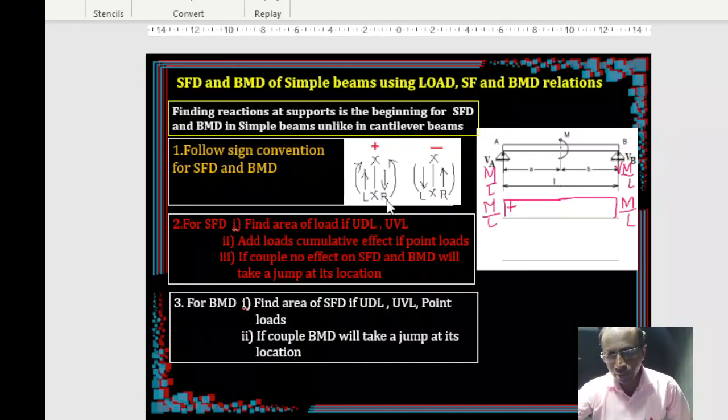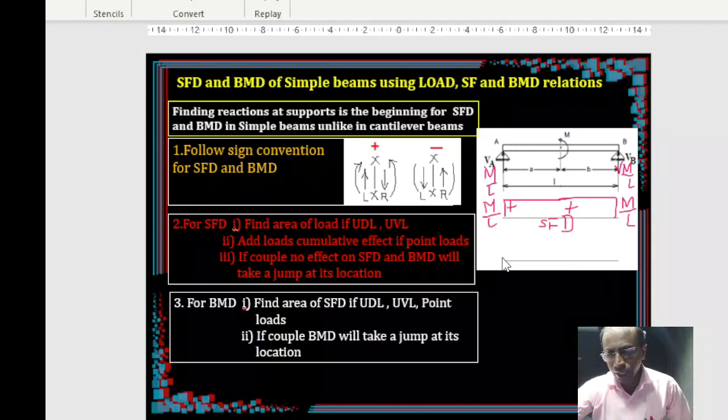So M by L you will draw on the positive side and proceed, because no other load is there in between, so you again get plus M by L only. So this is a check whether you have done it correctly or not. There is an advantage of shear force and bending moment diagrams: you can always verify your solution. If you have drawn from left to right, you can verify from right to left. Both should be similar.